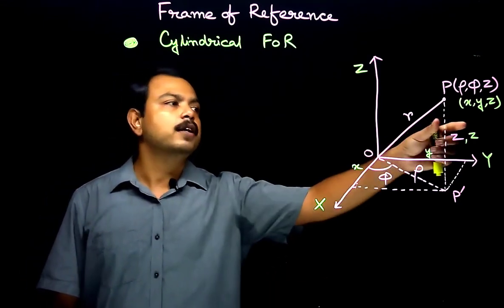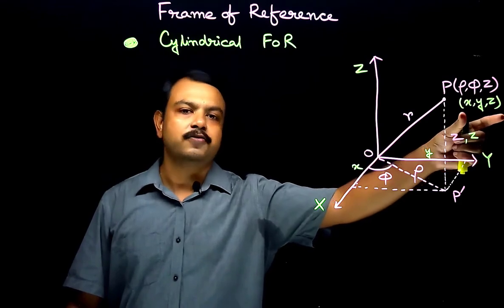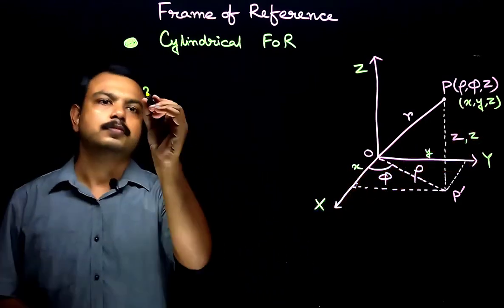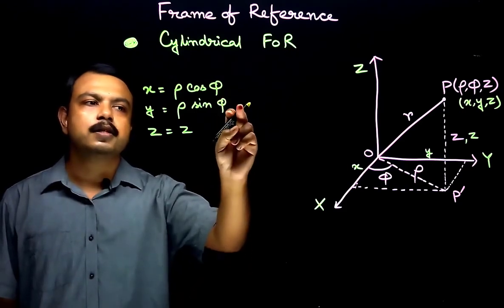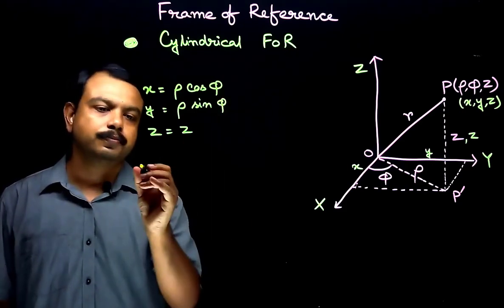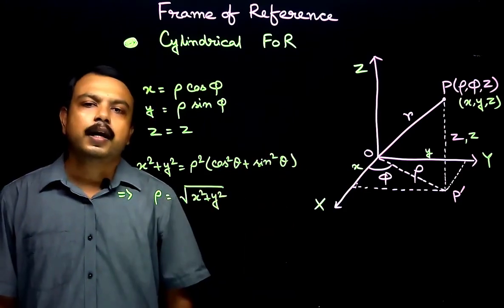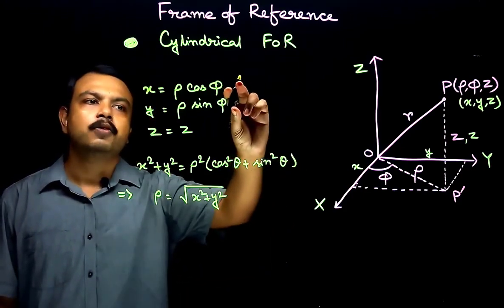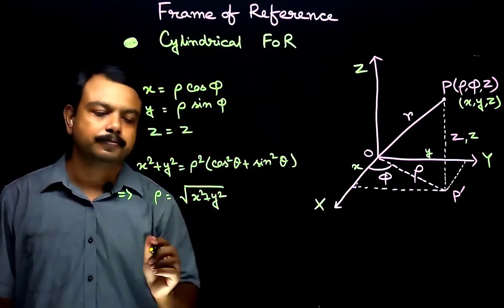We can find out the relation between rho, phi and z with x, y, z as follows. Now let's square these two equations and add them. Again, from this set of equations, we can also express phi in terms of x and y.